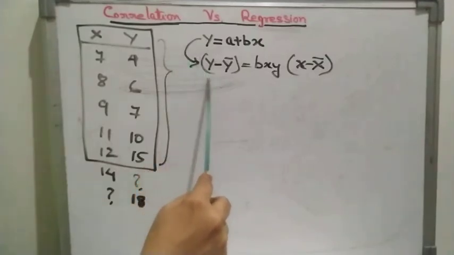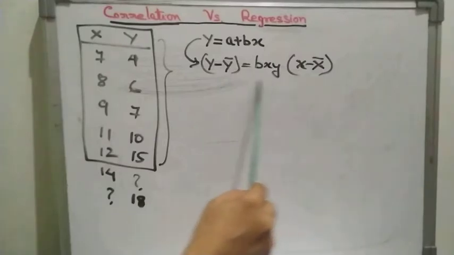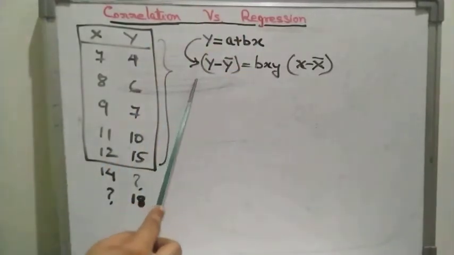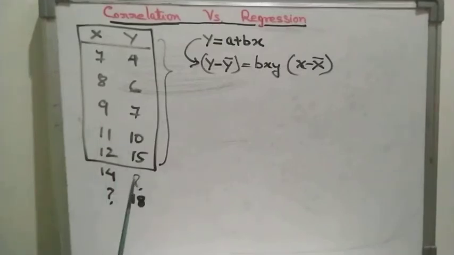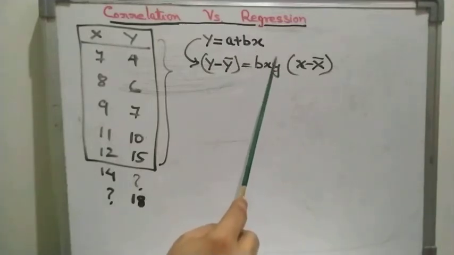After derivation, this is called the regression equation of y on x. It helps us predict the value of y for a given value of x.